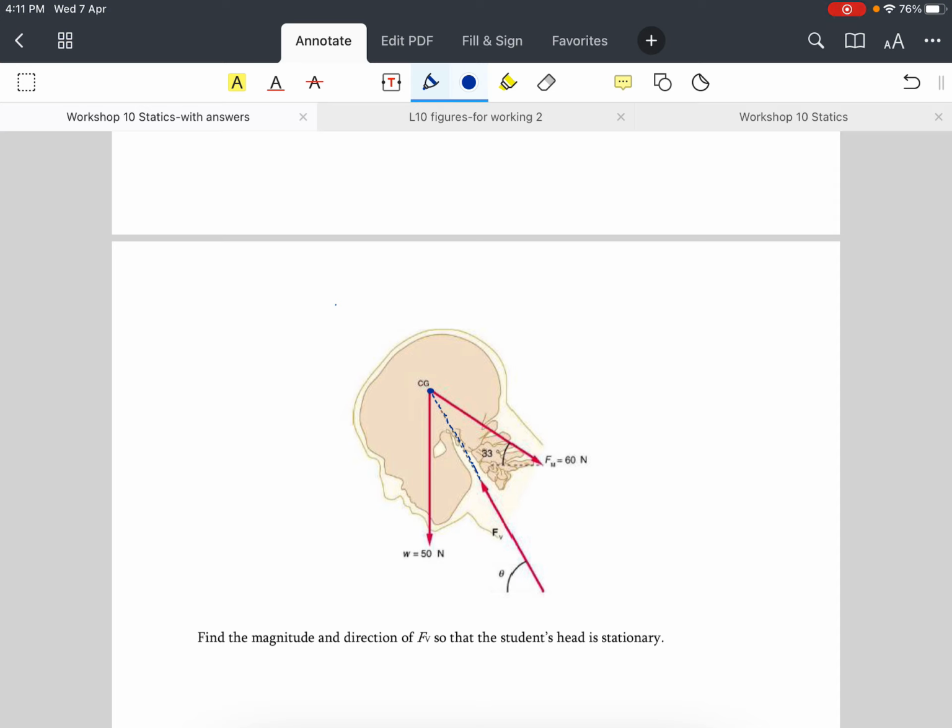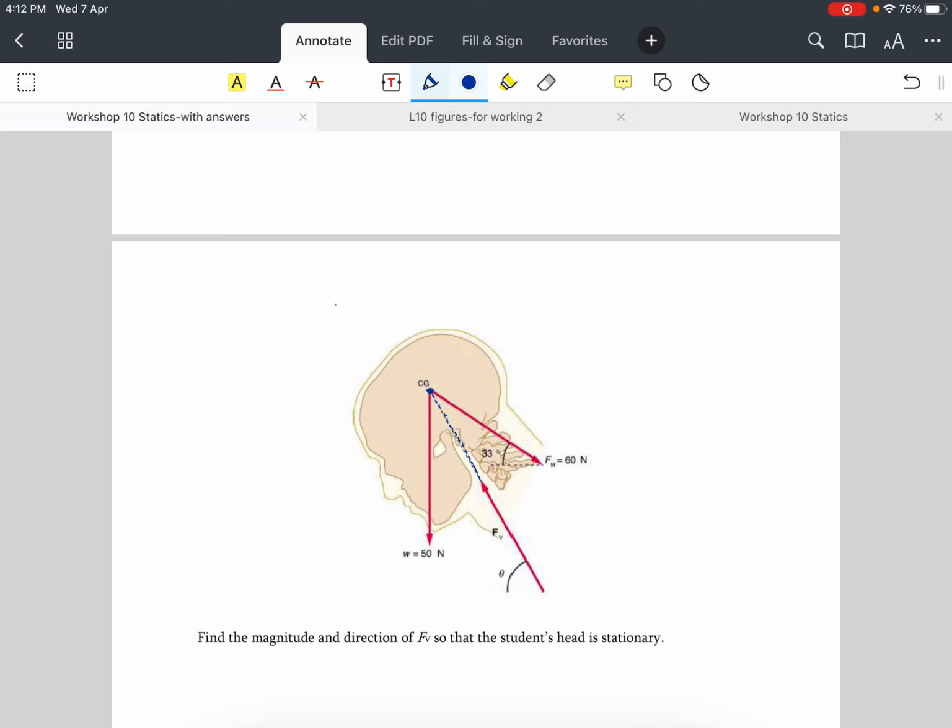So we cannot use net torque is equal to 0 because we cannot choose a pivot point. If we chose the center of mass, this point, to be the pivot point, then we cancel out all the three forces because the lever arm will be 0. Choosing the center of mass to be the pivot point, well, all the forces are passing through the center of mass.